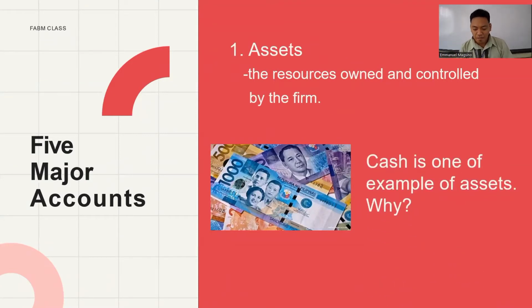Why? Yes, Janice. Okay, correct. So cash is considered an asset because cash is readily available for use in the operation of the business, and without cash, the business will not function. Very good, Janice.